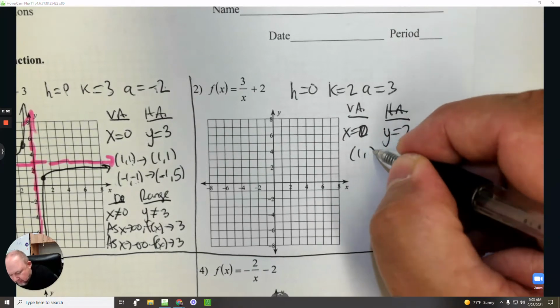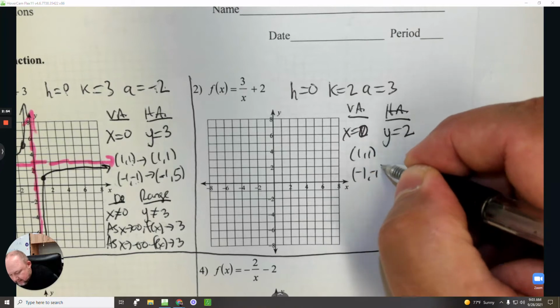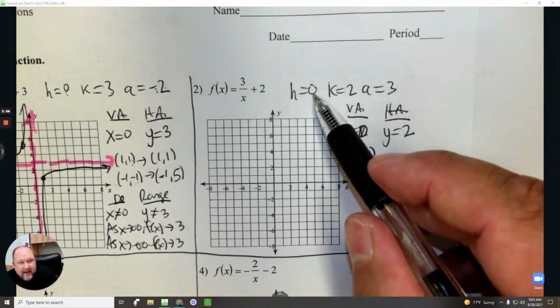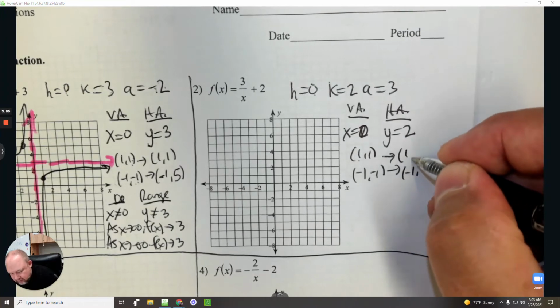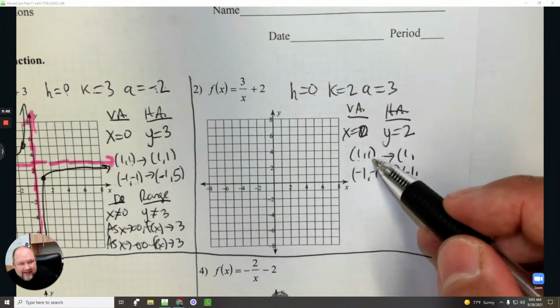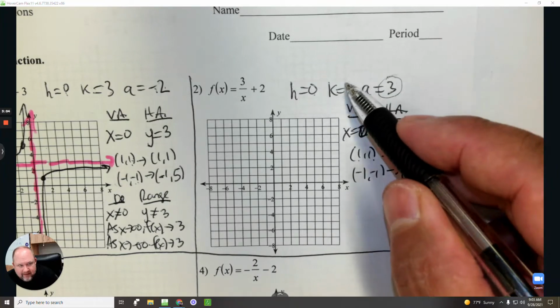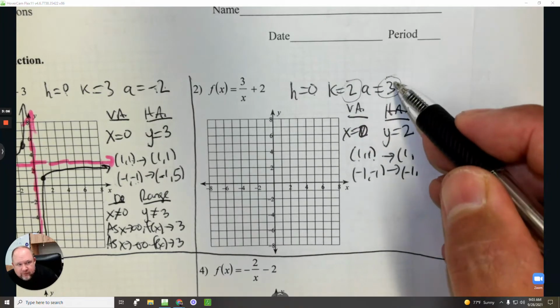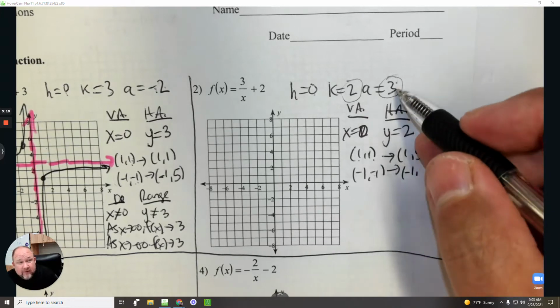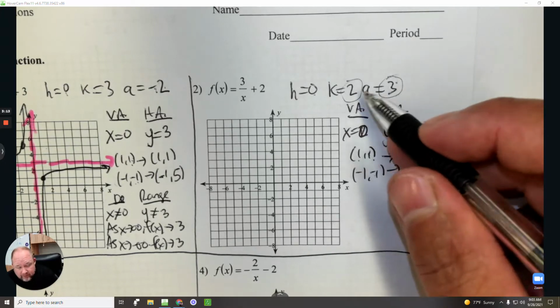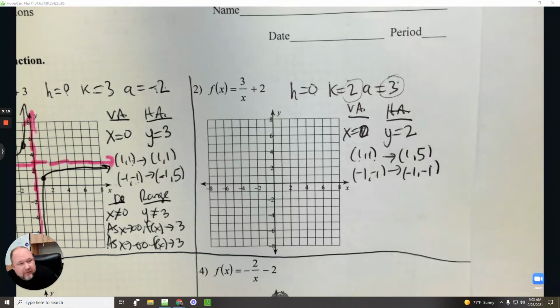To change the points, 1, 1, and negative 1, negative 1, the h changes the x, so that means it doesn't change when you add 0. The k, we're going to multiply and then add. So 1 times 3 and then add 2. We're going to do it again. Negative 1 times 3, negative 3, plus 2. And we're going to put those points on.